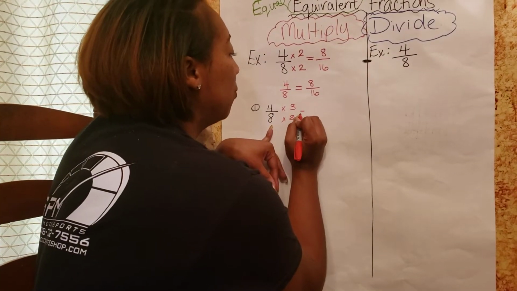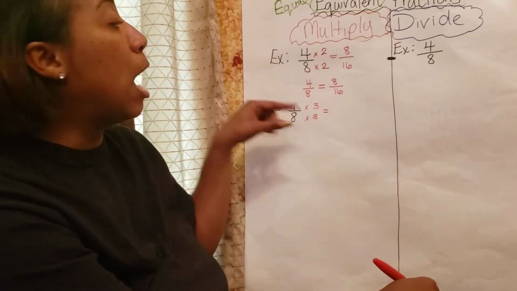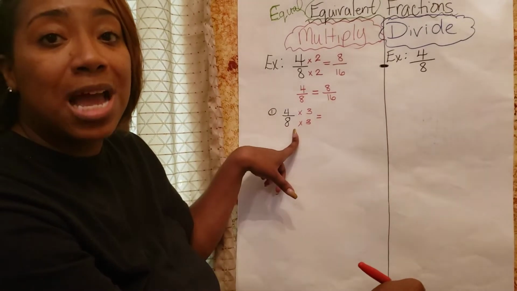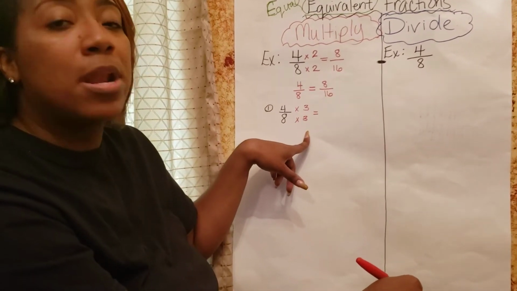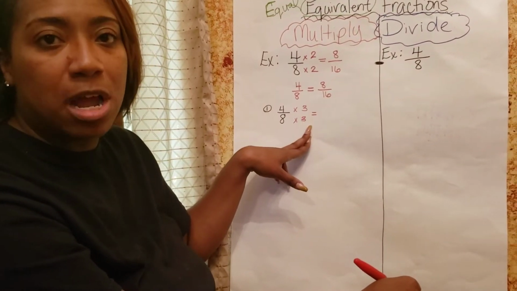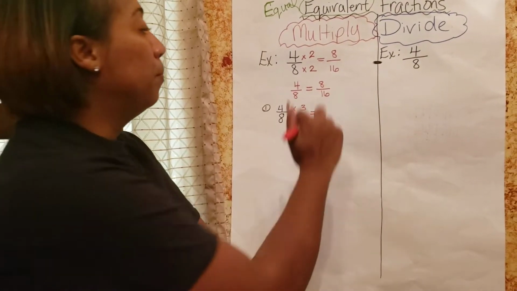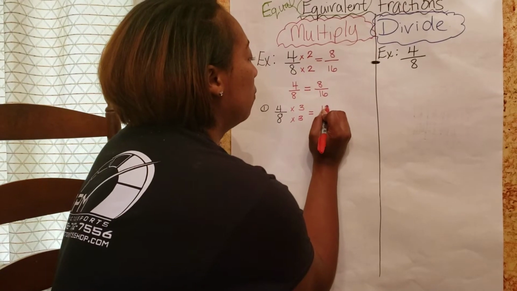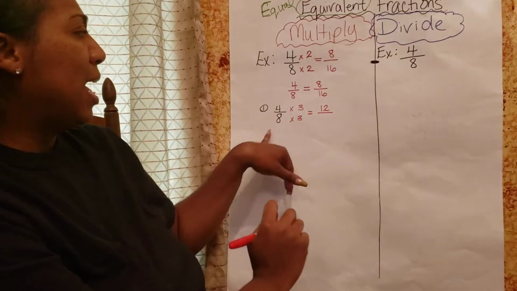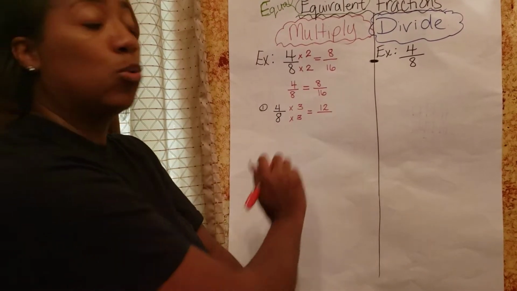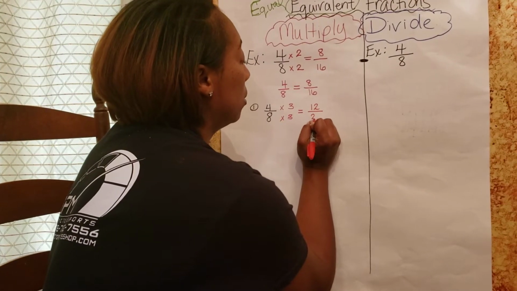You always have to remember, we are multiplying our numerator and our denominator by the same number. Never different numbers, the same number. So 4 times 3 equals 12. And 8 times 3 equals 24.